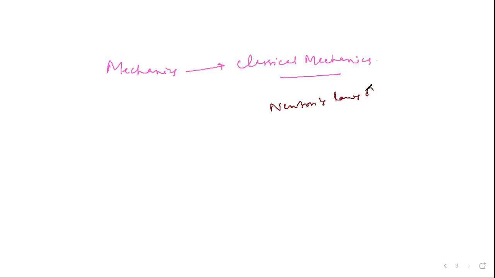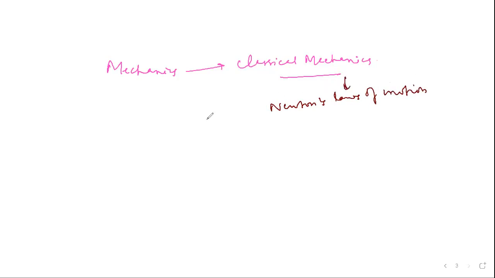You also know that when we talk of mechanics, we talk of classical mechanics. Classical mechanics is that mechanics in which we discuss mechanics using Newton's laws of motion, right?